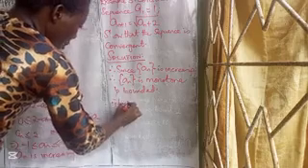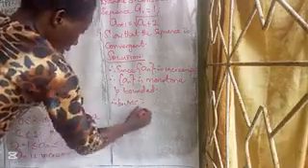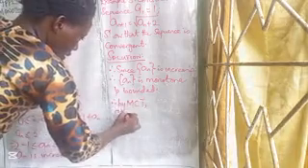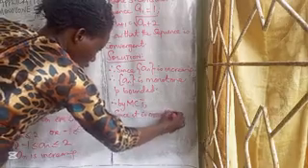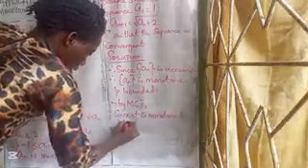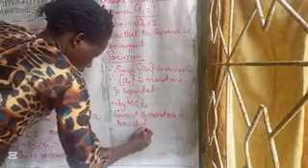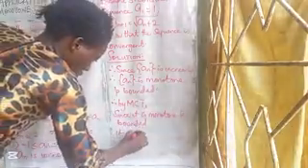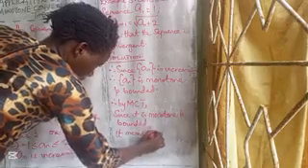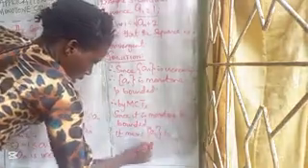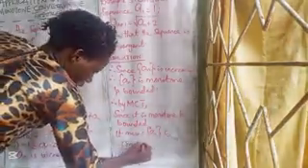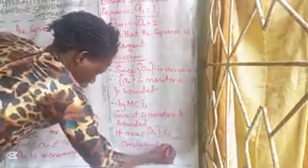Therefore, by the MCT, since it is monotone and bounded, it means that a sub n is converging.